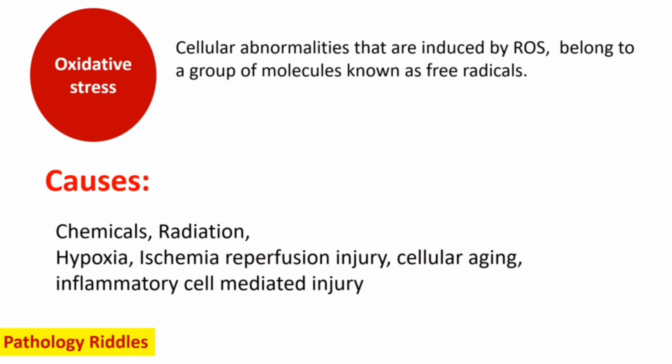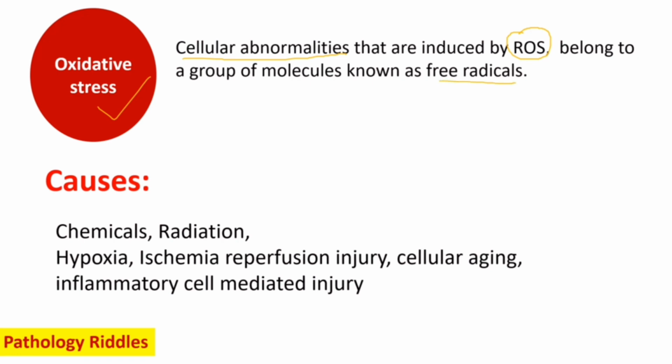Now we go to the second mechanism of cell injury, that is oxidative stress. So what do you mean by oxidative stress? They are cellular abnormalities that are induced by reactive oxygen species. So what are reactive oxygen species? They are molecules that belong to the group called free radicals.